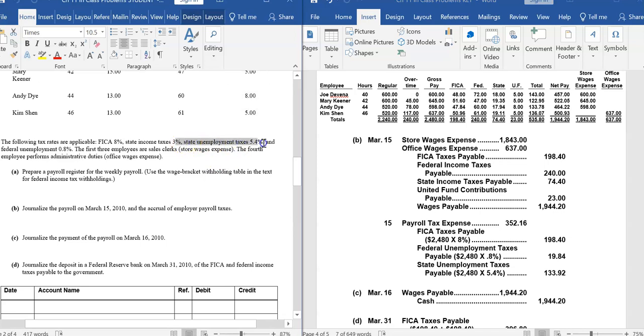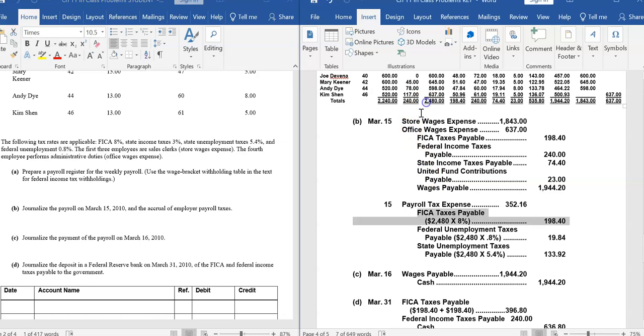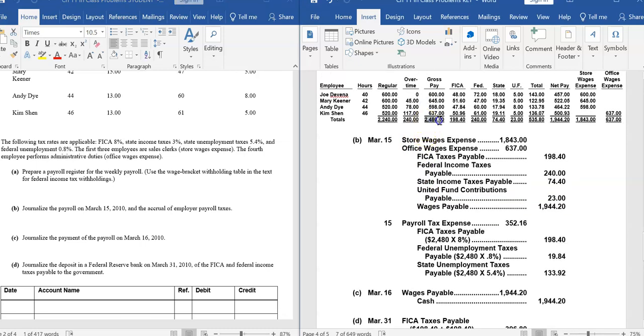And in addition to that, employers pay unemployment taxes. We as employees do not pay it, only the employers. So the employers have to pay 5.4% for the state and 0.8% for federal. So if we take the gross wages, $2,480, and multiply it by 0.8% for federal unemployment taxes and 5.4% for state unemployment taxes.